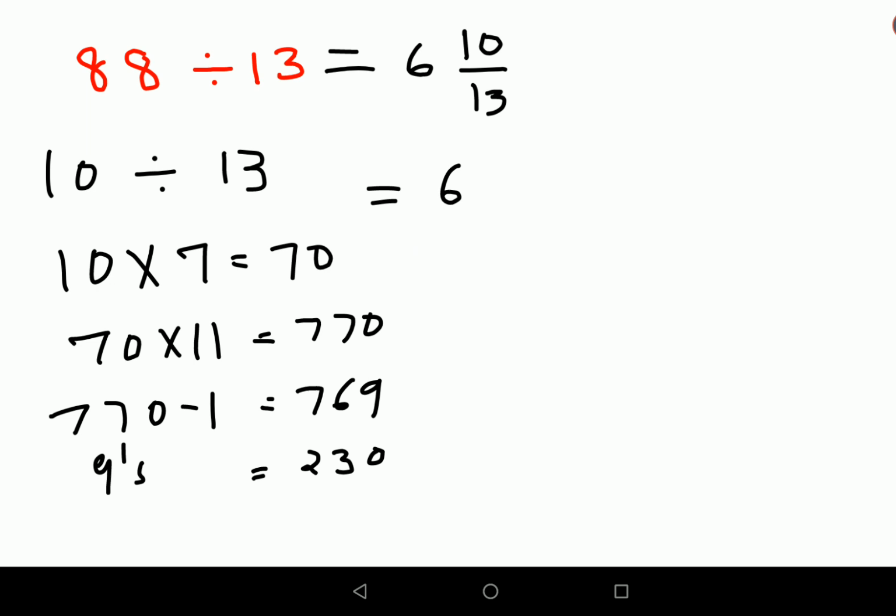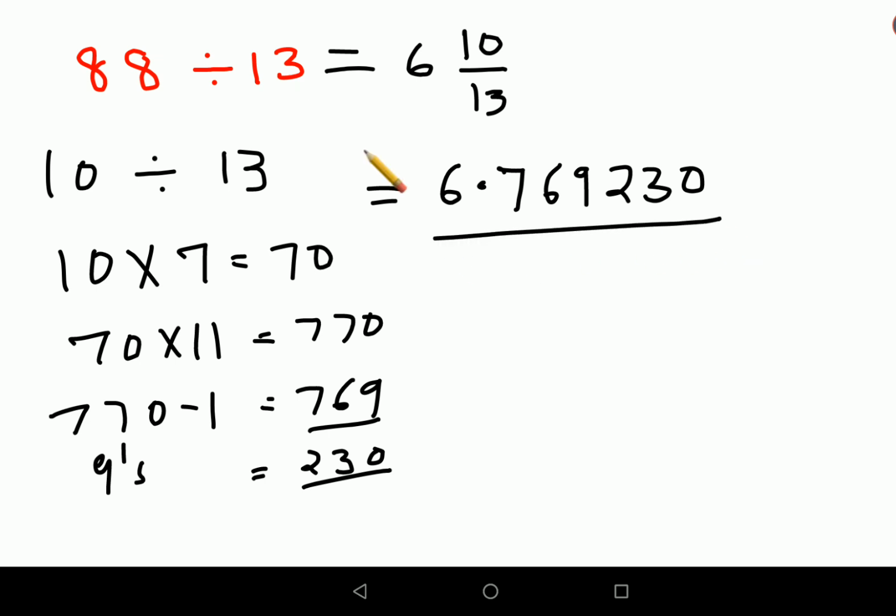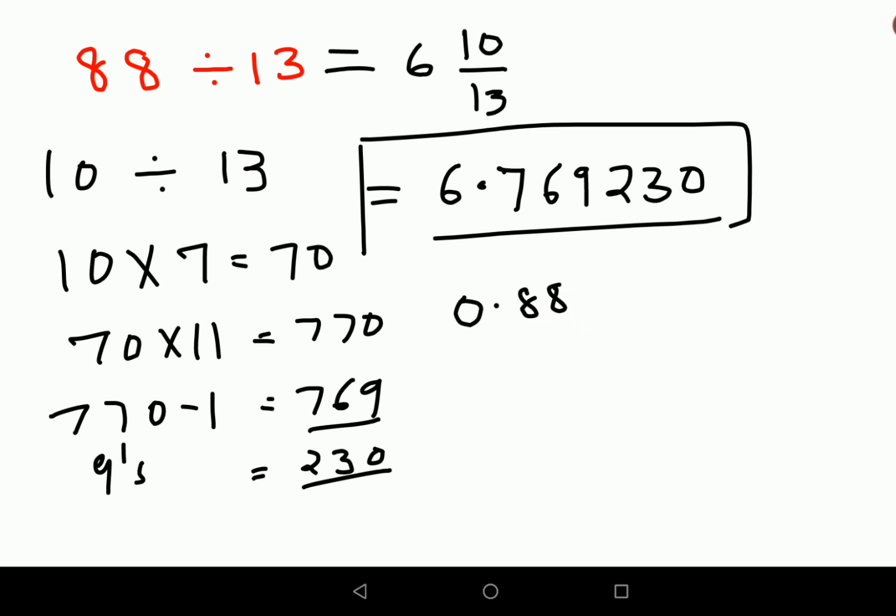Okay, so I hope you got how to do this. So we have 6 point, obviously 10 divided by 13 is nothing but the first part 769 and the second part 230. You saw how easily you could do this. You can actually use a calculator and check whether this is the answer you get when you divide 88 by 13. Now if you had 0.88 divided by 13, then in that case you would divide this answer by 100.